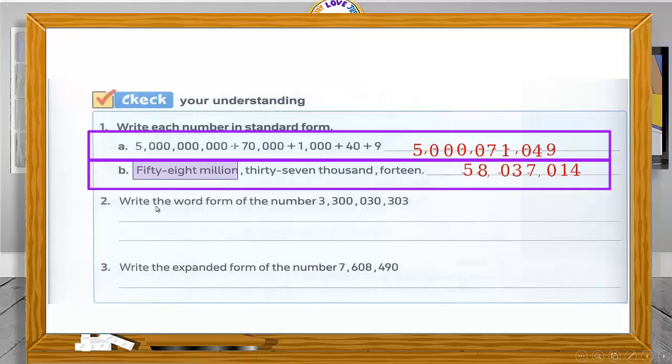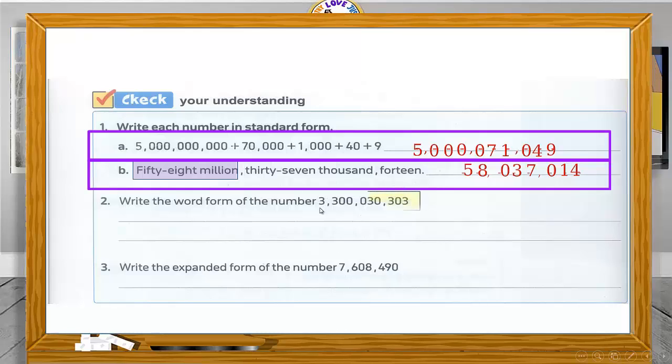Next exercise, it tells you write the word form of the number. 30,300,030,303. Start from the left side. Here we will write word form. I said if you want to write word form, say the number or read the number. 3 what? 3 milliard.